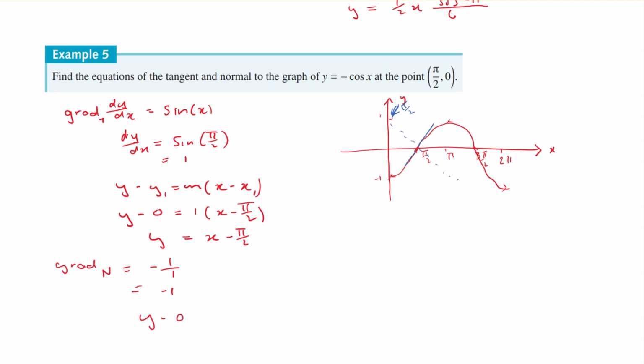So y minus 0 equals negative 1 times x minus π/2. Multiply out the negative 1 into the bracket and you get y equals negative x plus π/2, which is what we had intuitively anyway. So hope all that makes sense.